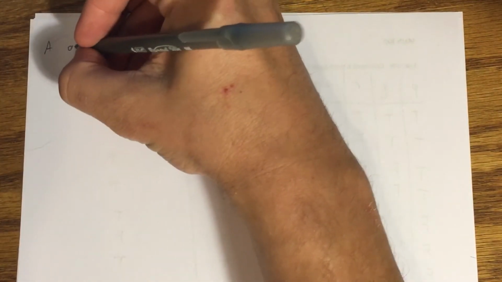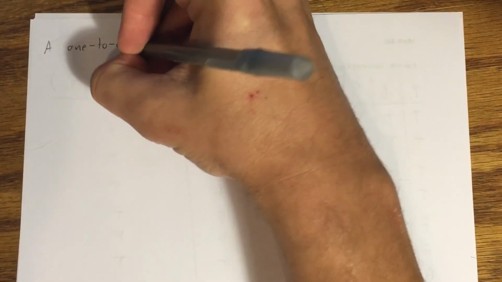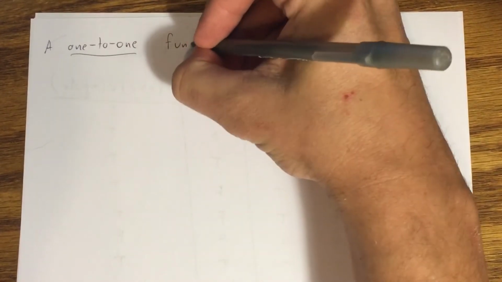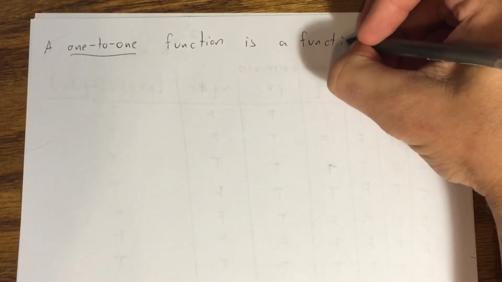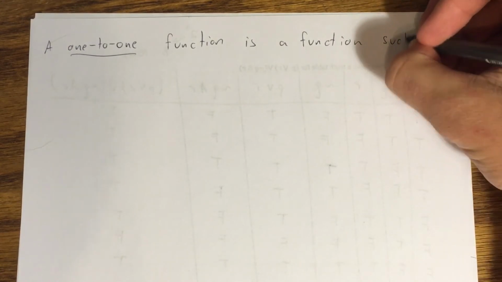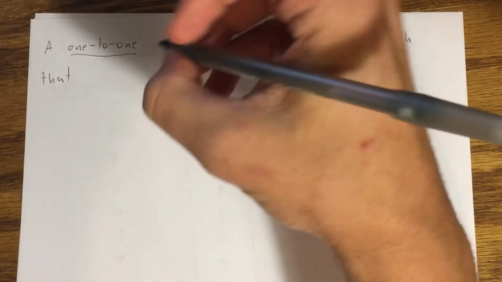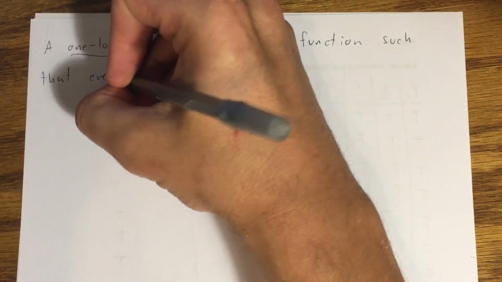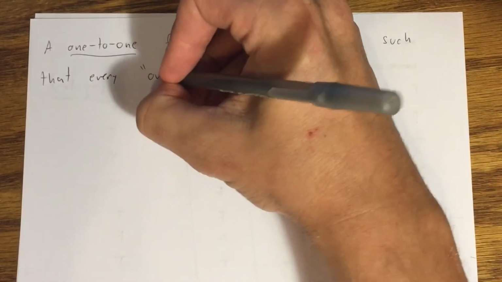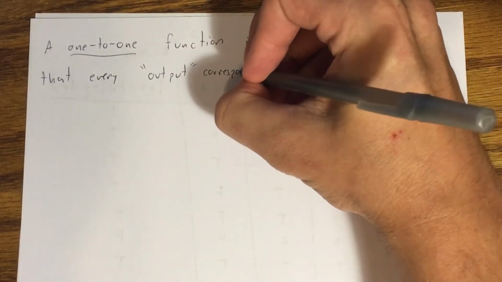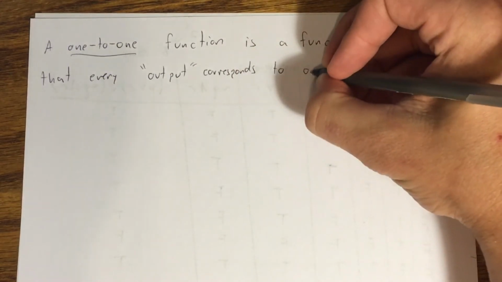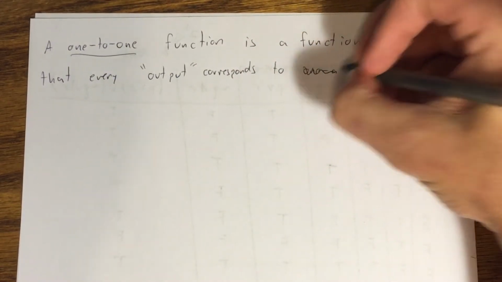A one-to-one function is a function such that every output corresponds to one, let me write that differently, one and only one input.